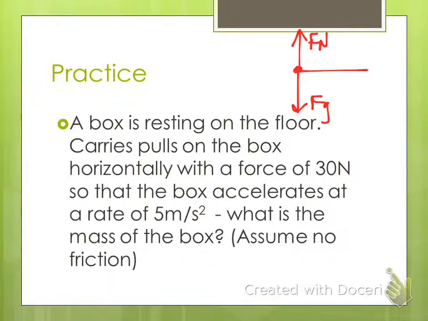We do not mix horizontal and vertical forces. Here we're only looking horizontally.